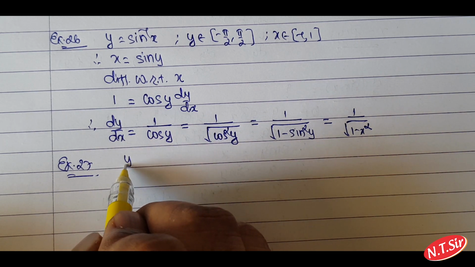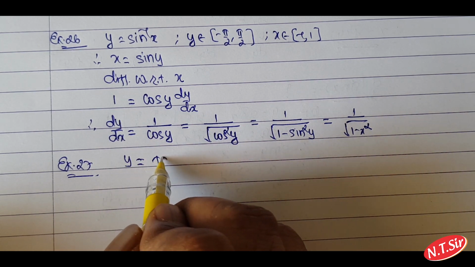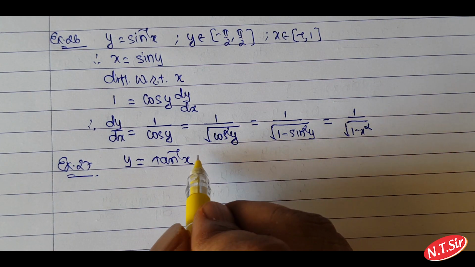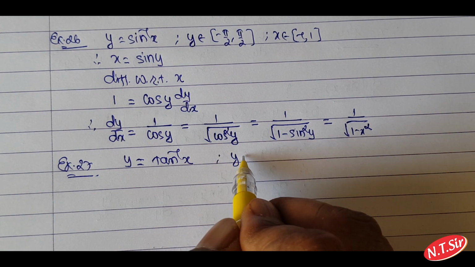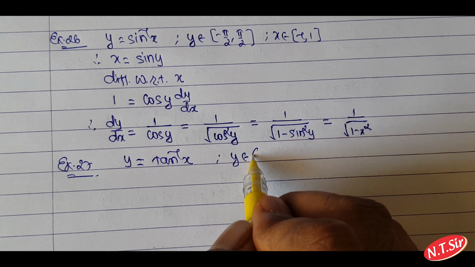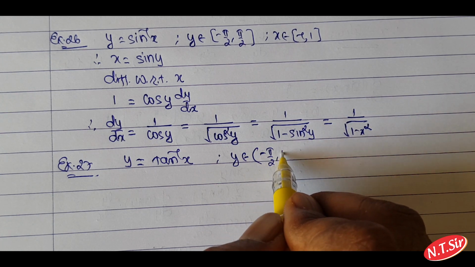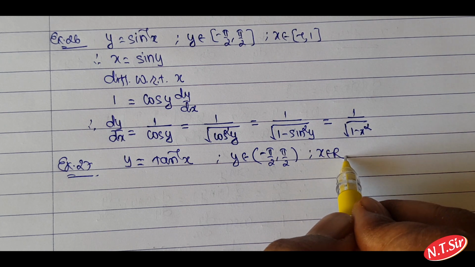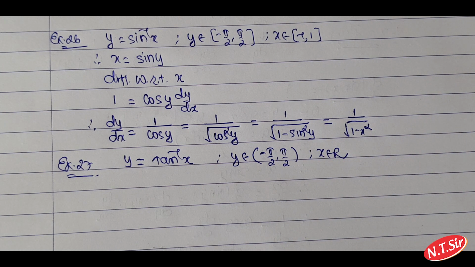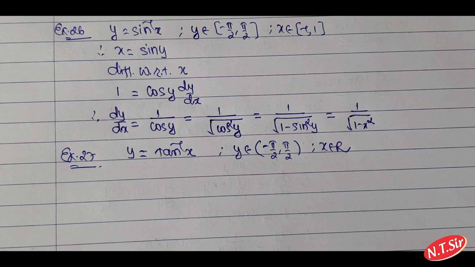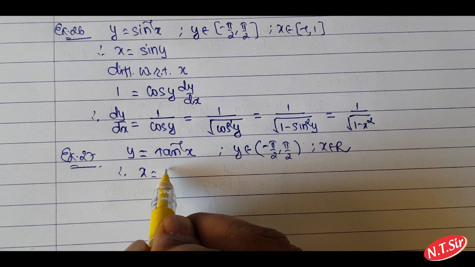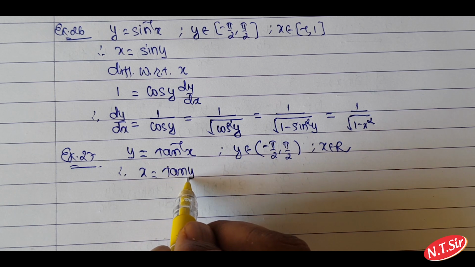So the next question is example number 27. Given y is equal to tan inverse x. What is given? y is equal to tan inverse x. So similarly here the range of y is, that is y belongs to the open interval minus pi by 2 to pi by 2, and the domain is x belongs to R, right. So can I write like this, x is equal to tan y.